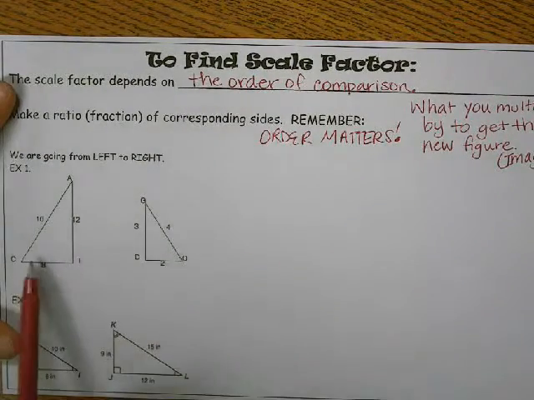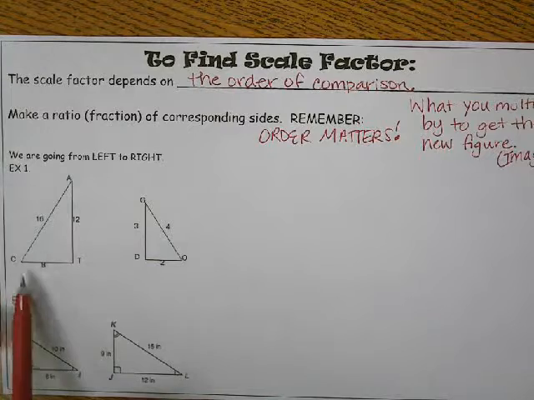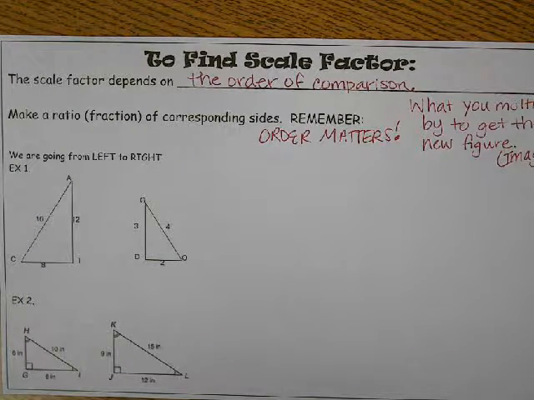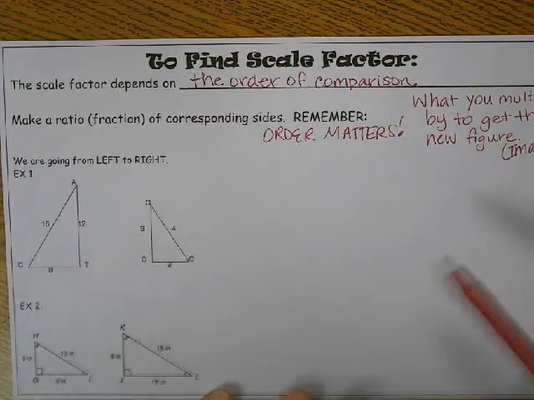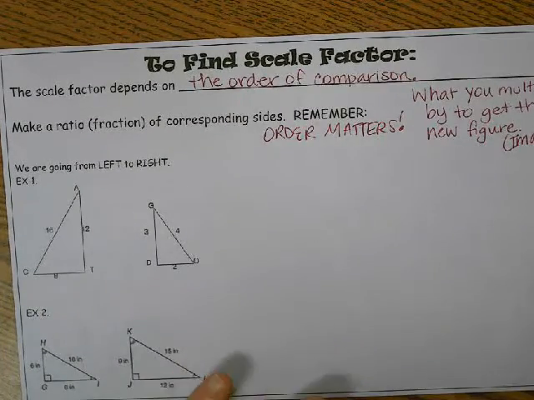So, let's look at example 1. To find the scale factor in example 1, we have to match up our corresponding sides. Sorry, I had to go back and look at something because I think I missed some stuff on here.